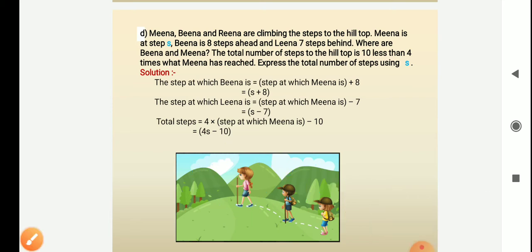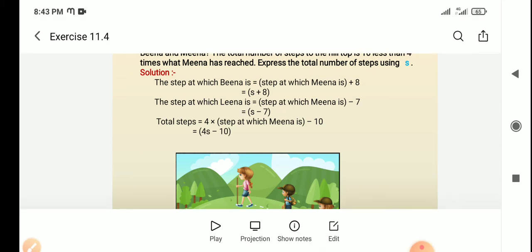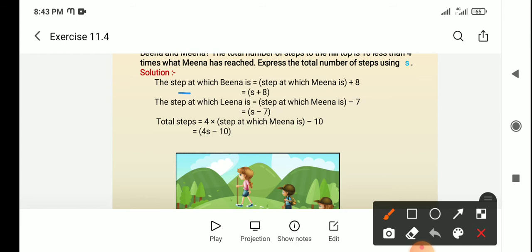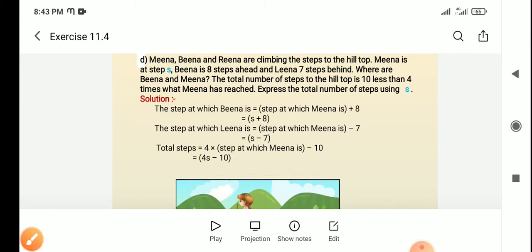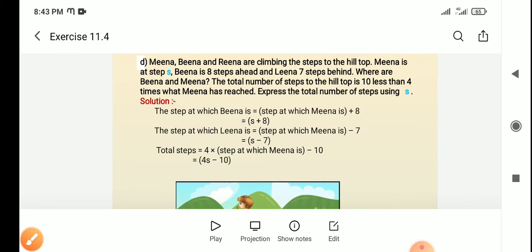Okay, so now we will form the expressions. The step at which Beena is: it is the step at which Meena is plus 8, because here, see students, it is given Beena is 8 steps ahead.